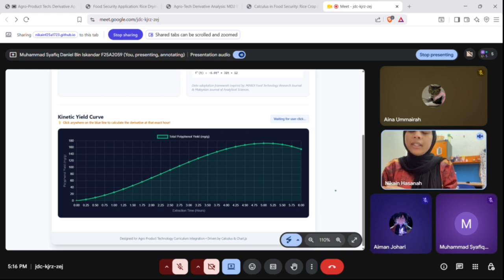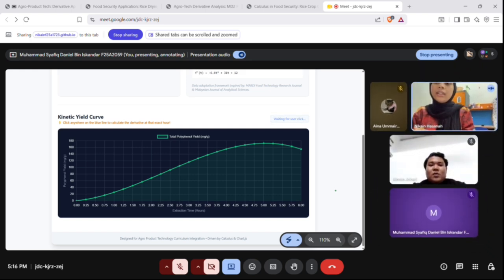This equation represents the relationship between extraction time and total polyphenol yield, where f(t) is the extraction yield and t is time in hours. Then, differentiation was applied to obtain the derivative, f prime of t equals negative 6.6t squared plus 31t plus 12. This derivative function measures the rate of change of extraction yield over time.